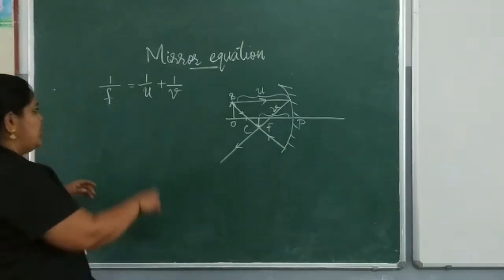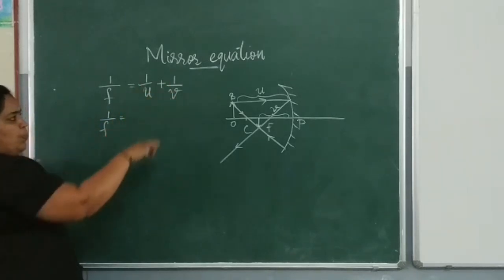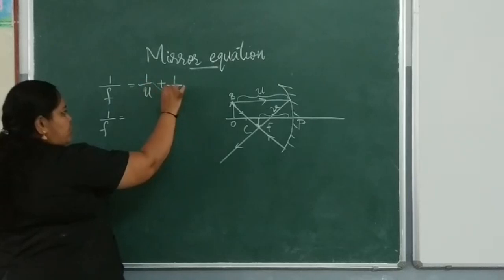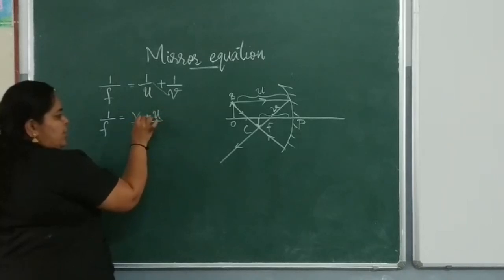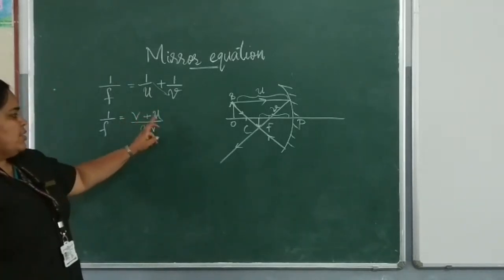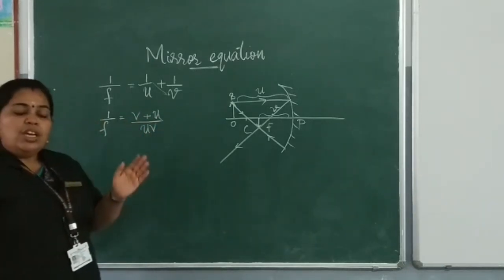How will you find out? See, 1 by f is equal to 1 by u plus 1 by v. Cross multiply it. So what happens? 1 into v, v, plus 1 into u, u by u into v, uv. Isn't it? v plus u by uv. Now 1 by f, you have to find out the focal length.